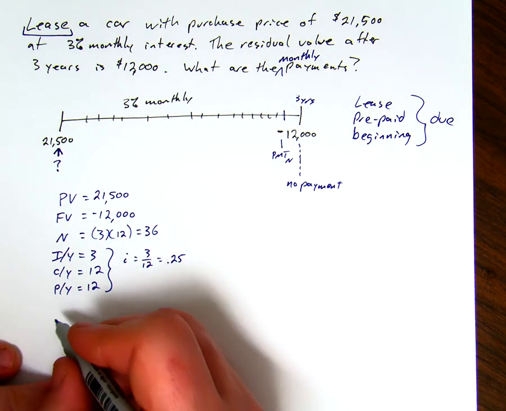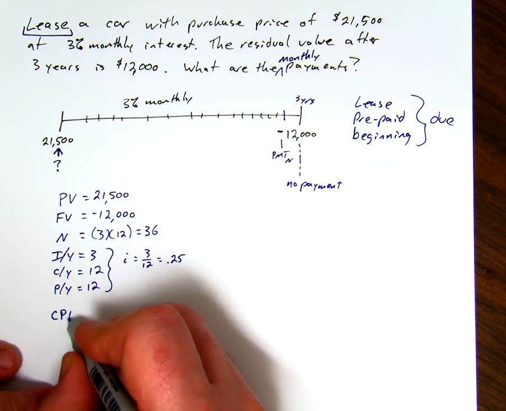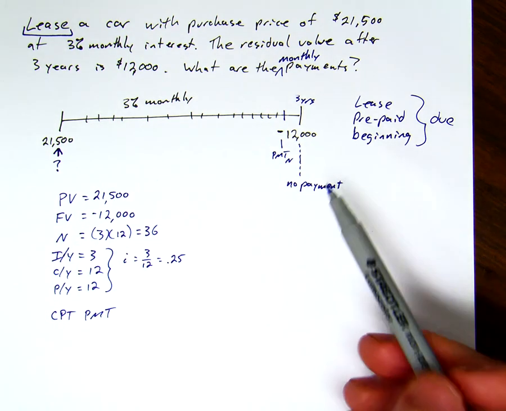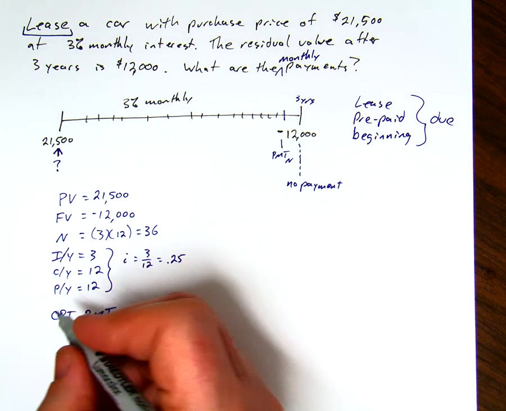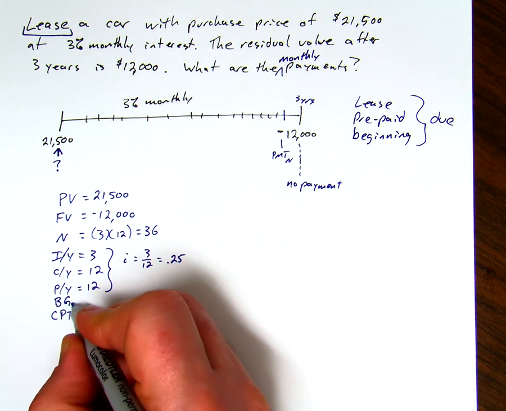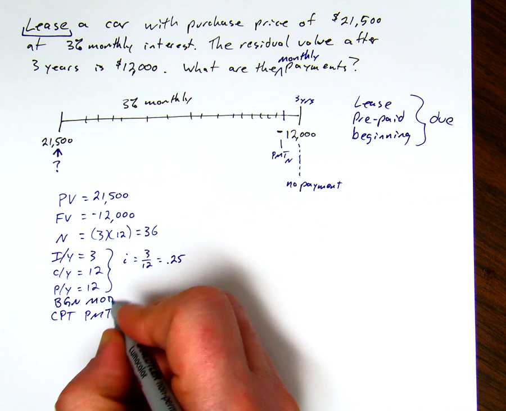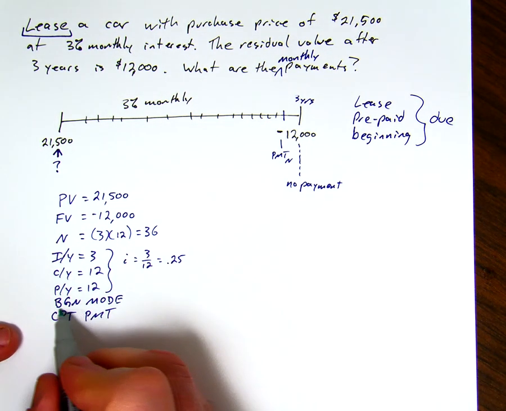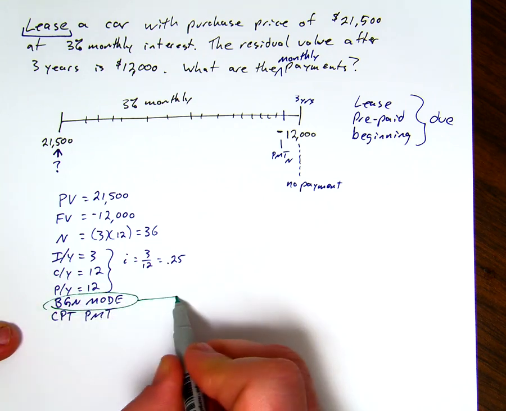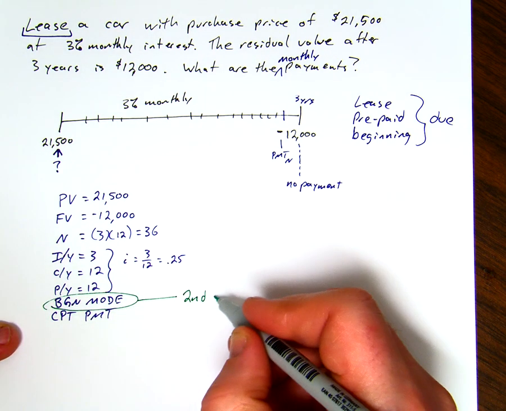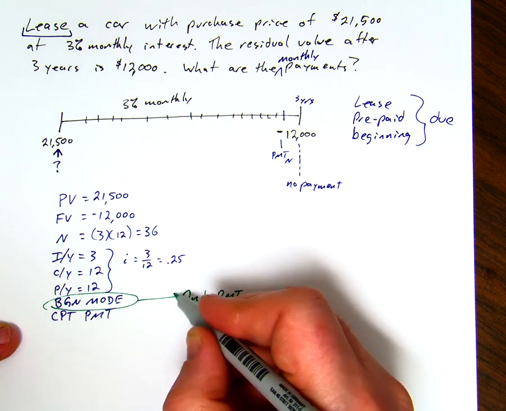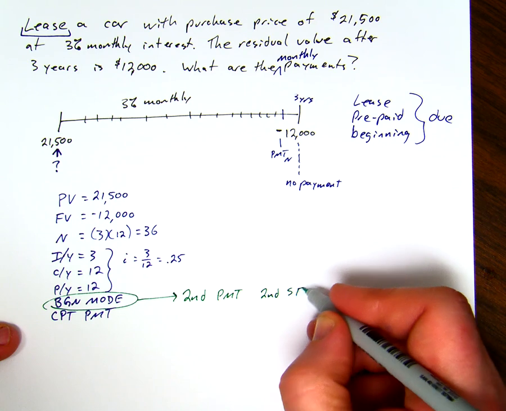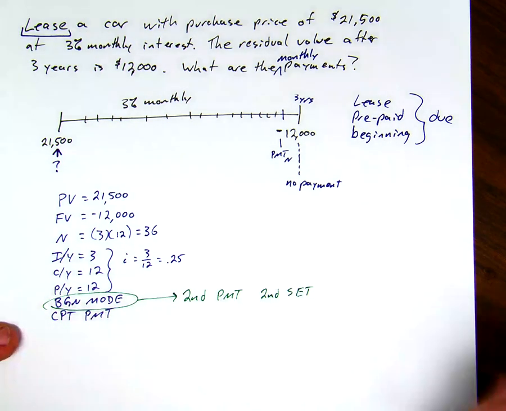Okay. So now we're going to compute the payment, but how do we do that for an annuity due? Well, we're going to go into BGN mode. To do that, we do second function payment, because we know the payments are at the beginning, and then second function set to make sure it's in the right mode.